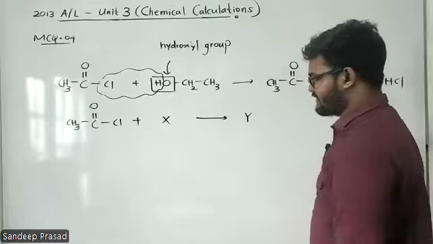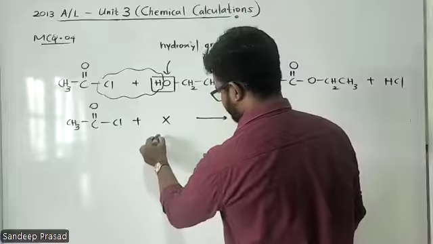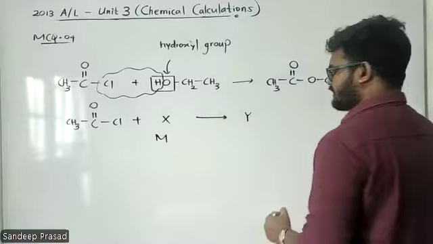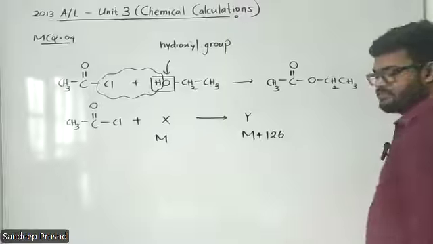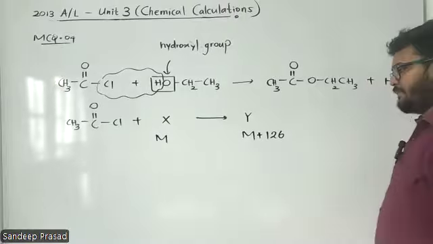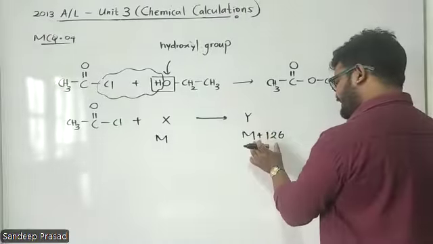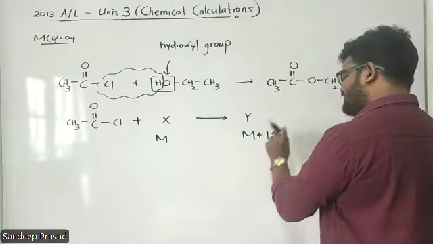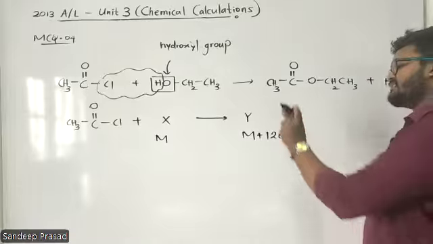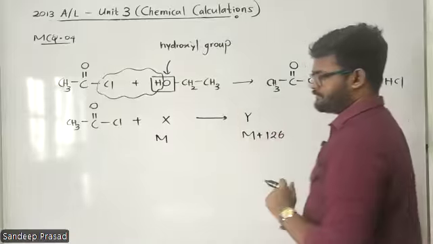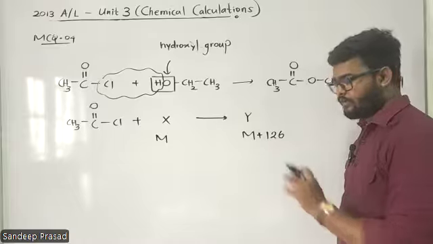That means just imagine the molar mass of X is capital M, then the molar mass of capital Y is M plus 126, right? Then they're asking how many OH groups are there?